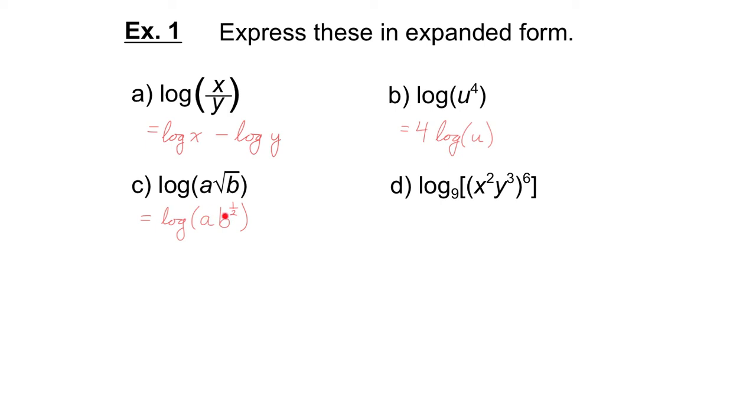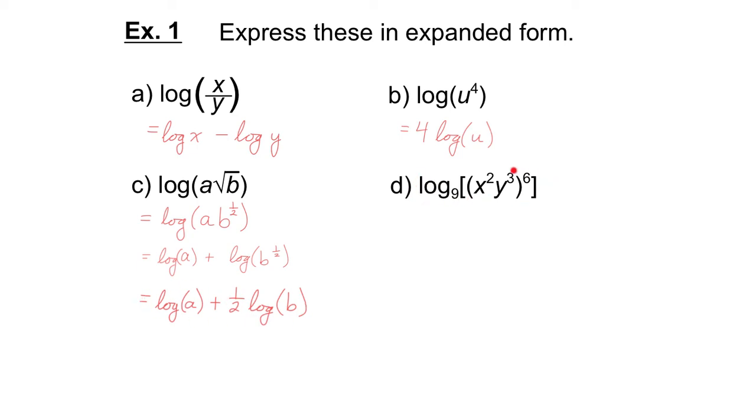So that's when it's going to split up into two different logs, and I'm going to add them together. So I'll have log a plus log b to the half. Now I have an exponent, so I can use that same rule where the exponent goes out in front. So it ends up being log a plus half log b. That's the expanded form.